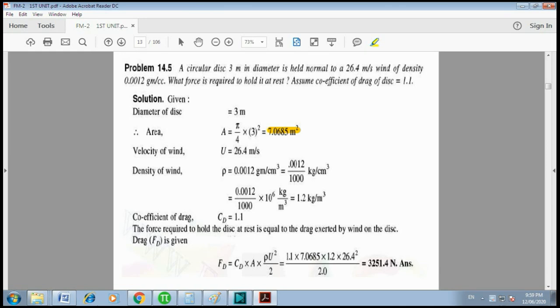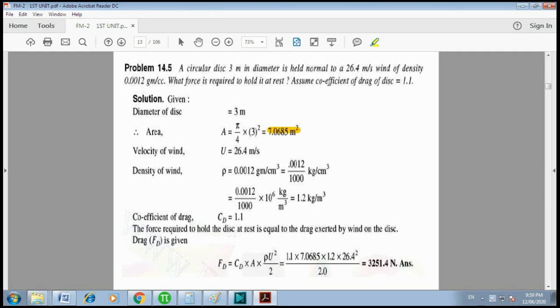Now we have to convert this into kg per meter cube. While converting gram to kg we divide by 1000, and then divide by 10 raised to 6, because converting centimeter to meter we divide by the square, that is 10 to the power of 2 cubed, which is 6. Ultimately it comes as 1.2 kg per meter cube.